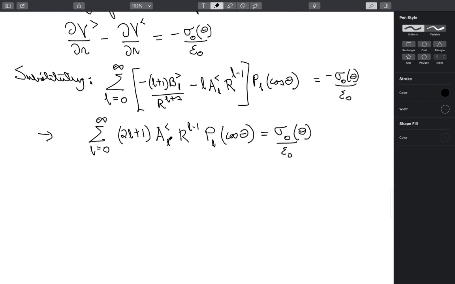So the coefficients now can just be fished back by orthogonality. So we use orthogonality again.